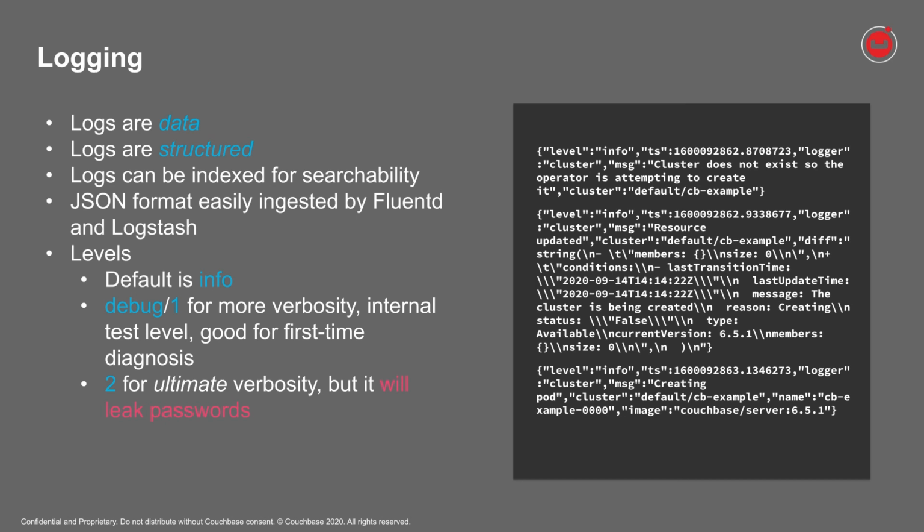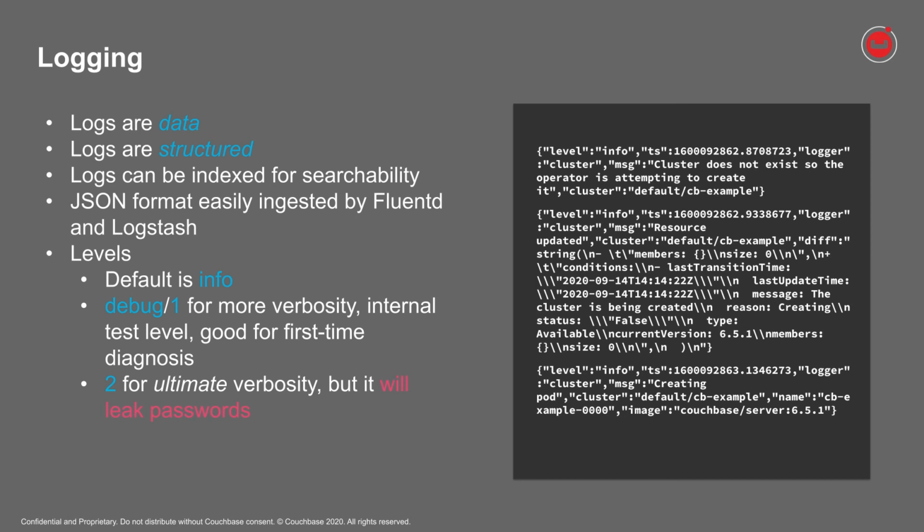However, we have more verbose outputs available. At the debug level, which is debug level 1, that will start to show you more hardcore things about transformations happening in the actual core engine of the operator. It'll show you more details about what's happening at the API, so it'll show you this call went to this Couchbase pod, with this path, and these are the HTTP codes.